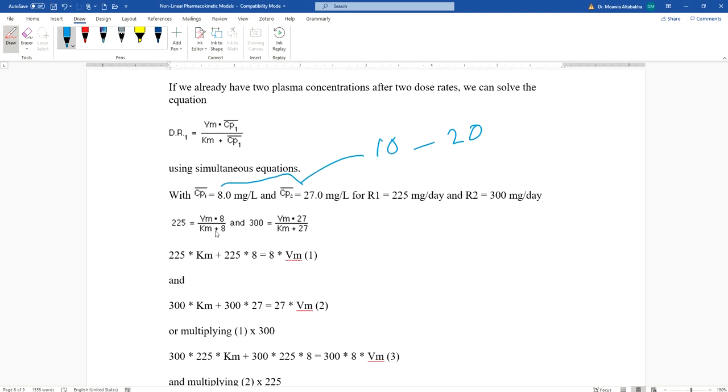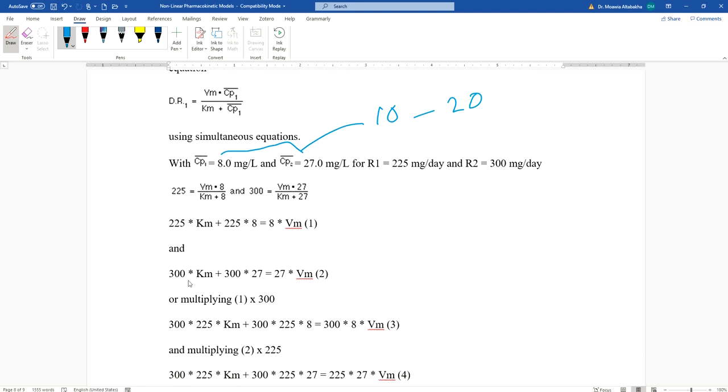Of course you can multiply this into this, so it becomes 225 times Km and 225 times 8. On the other side you have 8 Vm. For the second one you have 300, so this gets multiplied with this one, as we did here.